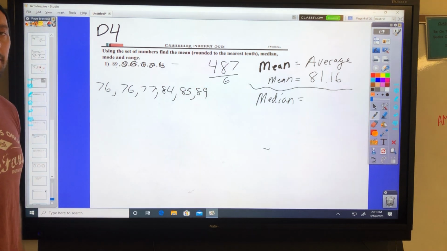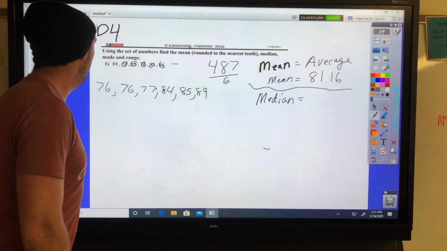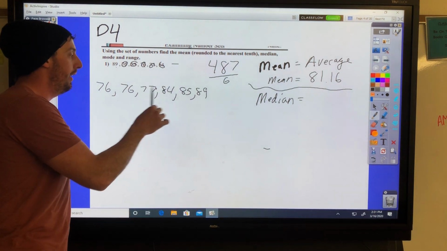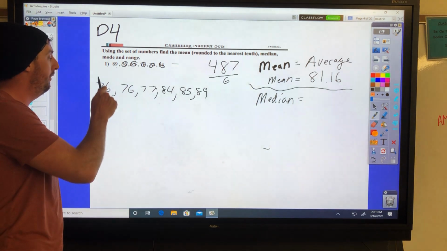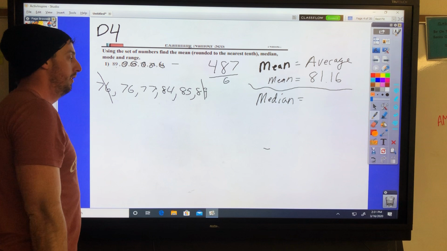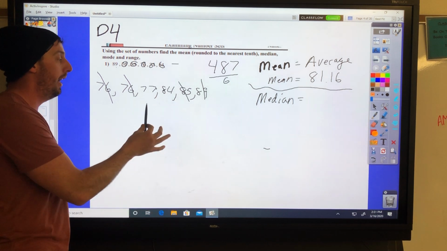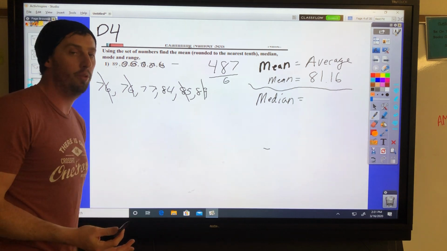Now, when we get here for the median, what I like to do is cross off the ends first and work my way in. So I'm crossing off the ends to find the median, or the middle. And now look, I can't cross off anymore because there are 2 left.